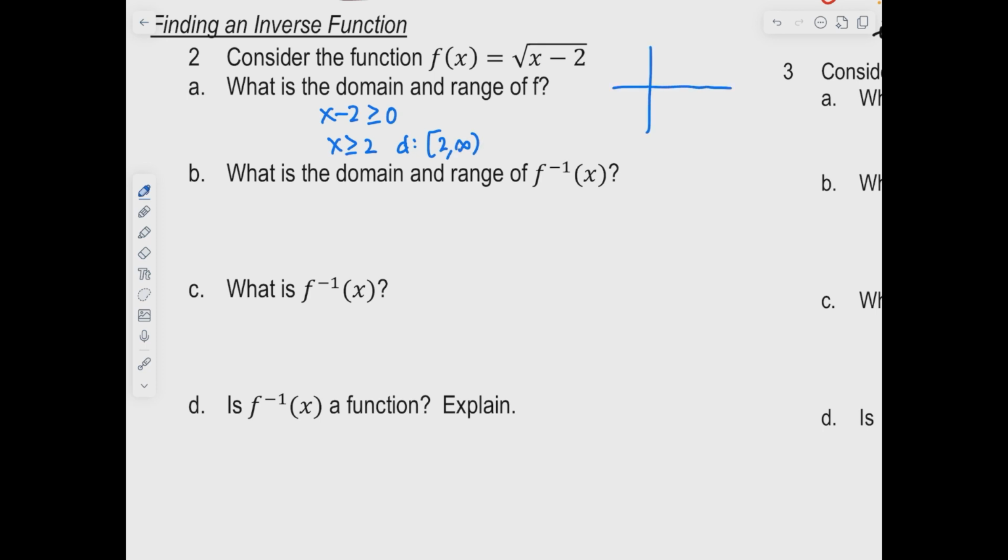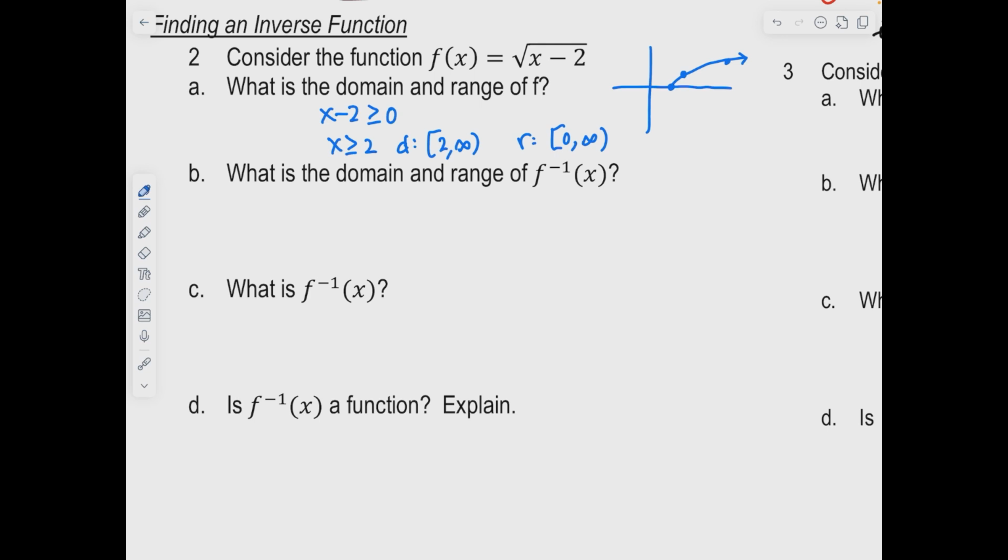Okay? When x is 2, y is 0. When x is 3, y is 1. When x is 11, y is 3. What's happening here is you're only getting half of this parabola. That means that for the range, it is the smallest y value, which is 0, and it keeps going up forever, so to infinity.